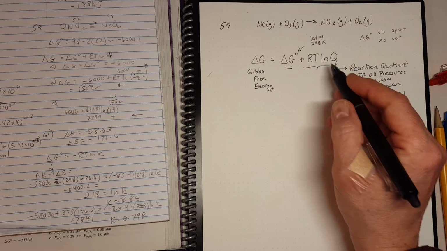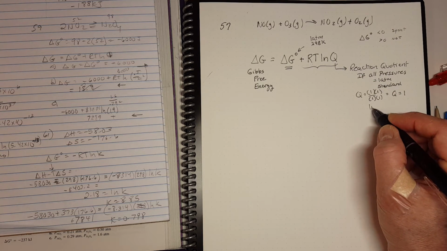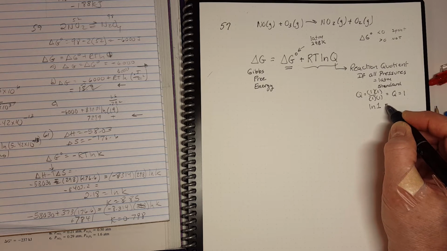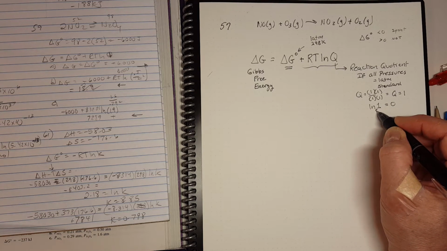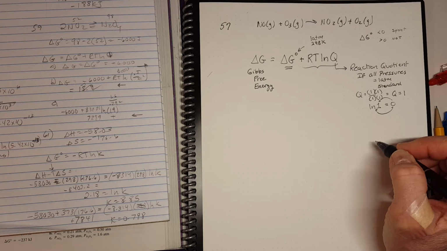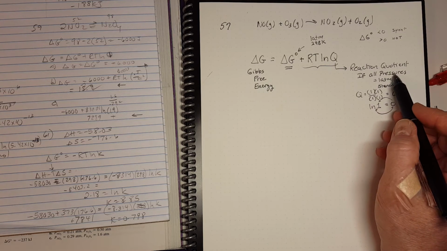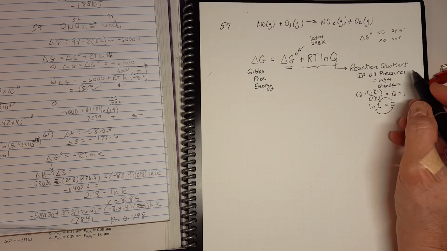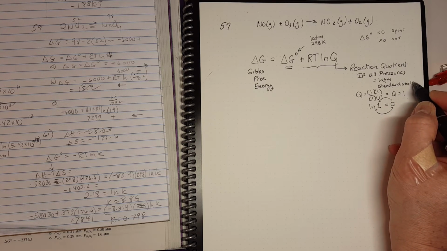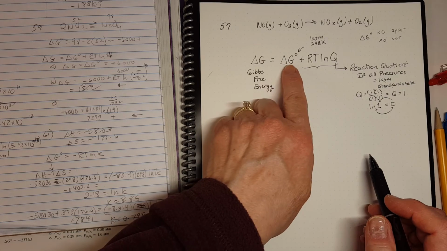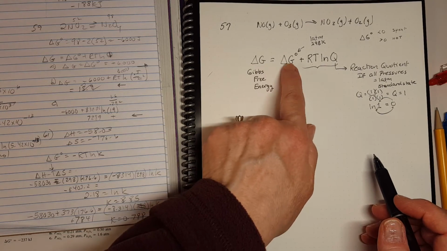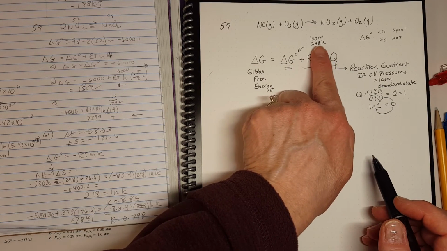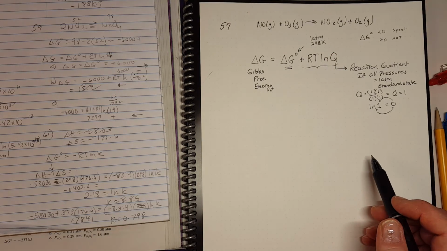But let's think about what that formula is going to do. ln of 1 is equal to 0, because remember, e raised to the 0 equals 1. So anytime all of the pressures are equal to 1 atm, you're at standard state. And if you're at standard state, then your delta G should equal the delta G at standard state. And that's why this term becomes 0 when all of the pressures are 1.